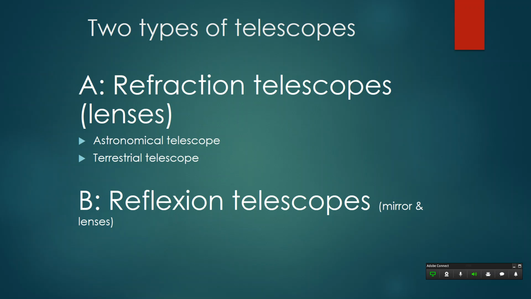So here it is. Here's my object in front of a lens, right? This is not a far distance. This is a very close distance. And so the rays come like that.